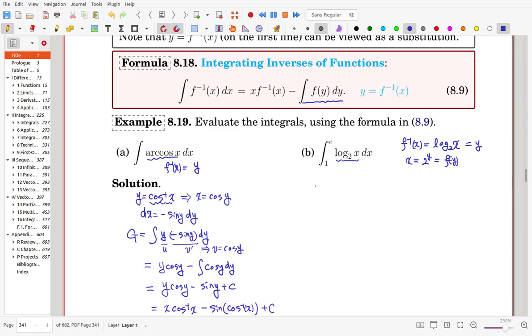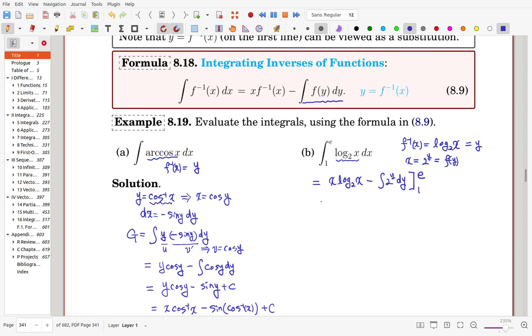Now try to use the formula. x times f inverse of x, now x itself, so log base 2 of x, and minus, what is f of y? It's 2 to the y, so 2 to the y dy. Of course, after getting the antiderivative, we have to evaluate the whole function from 1 to e, right?